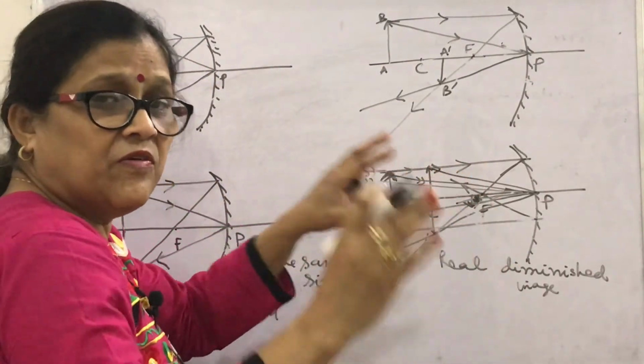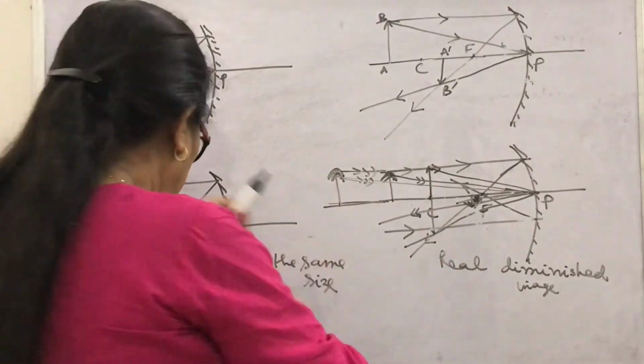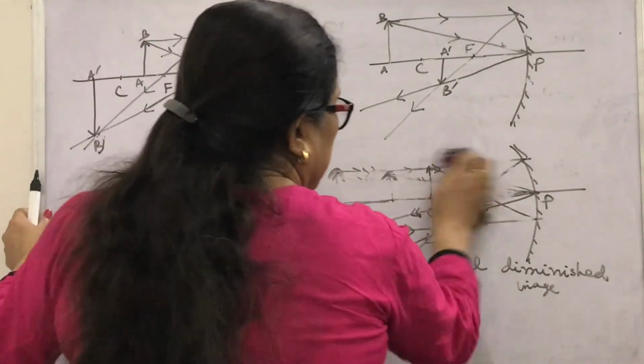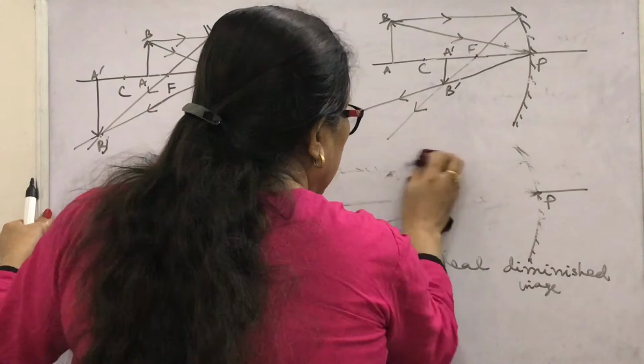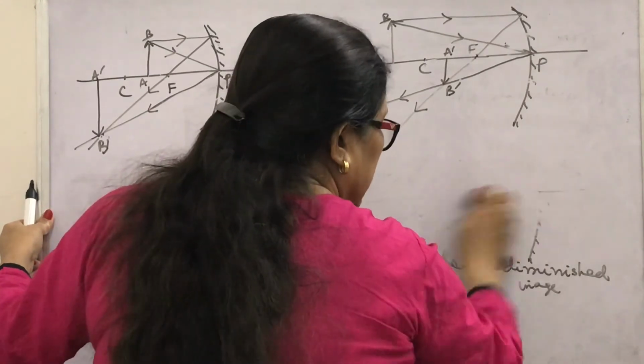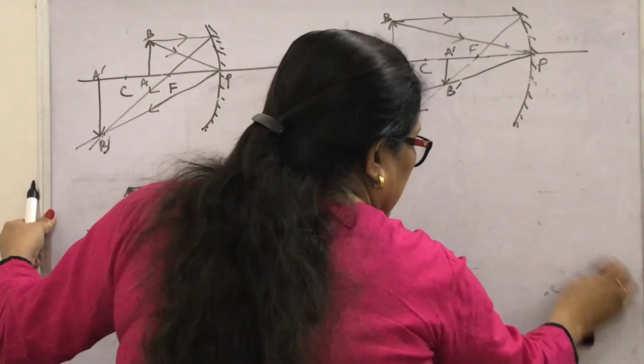That's why, how to draw the figure: if the object is at focus, where will be the image? If the object is at infinity, where will be the image?